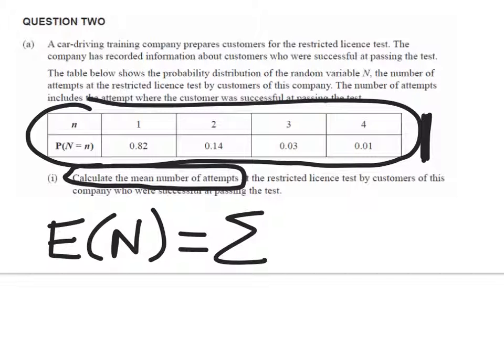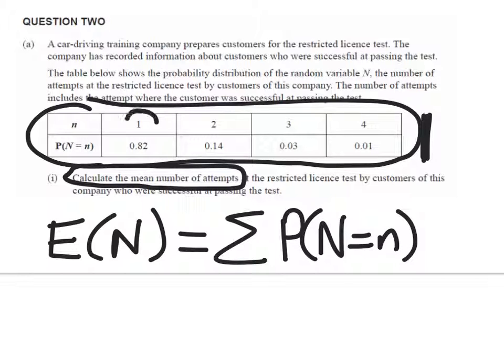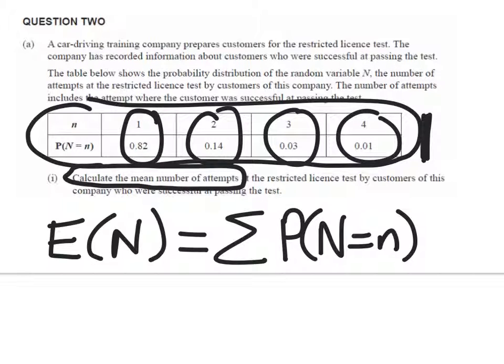Now, we know that we get the average by just doing a weighting over each of those columns. So it's P of n equaling all the different values, 1, 2, 3 and 4, times what the different values of n are. And we're going to add that up from 1 to 4.